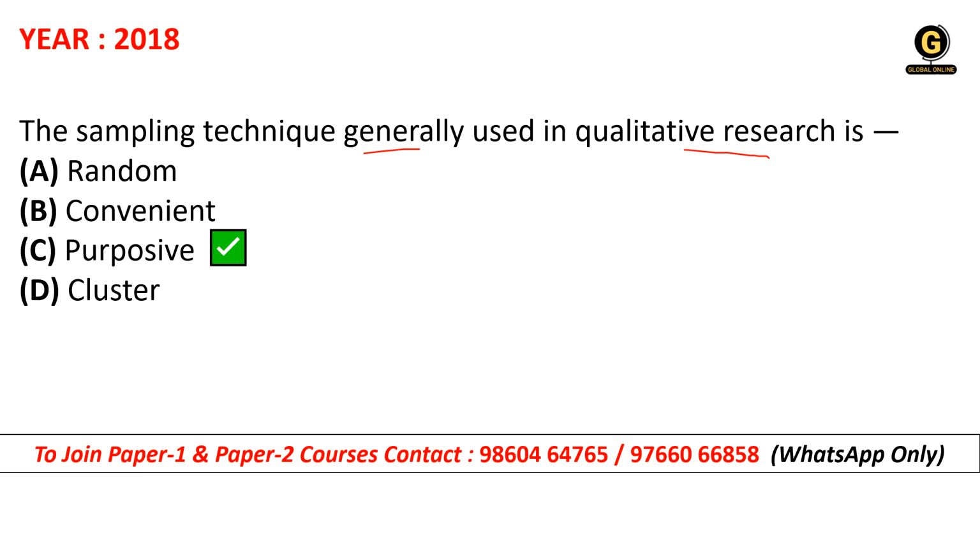Convenient sampling is based on availability, so it is not suitable for qualitative. Cluster sampling is a quantitative technique, used when the population is large and naturally divided into clusters like schools, districts and so on. So purposive fits better in qualitative research.